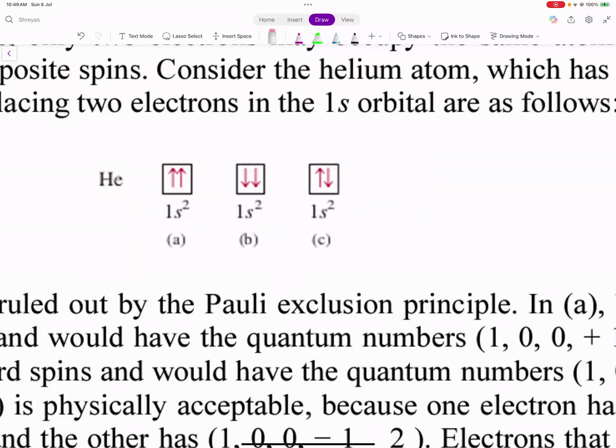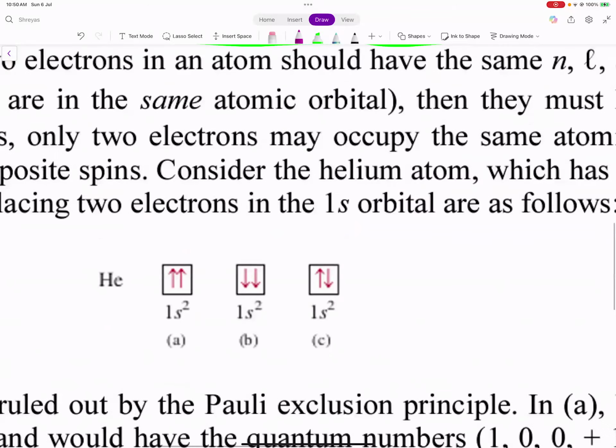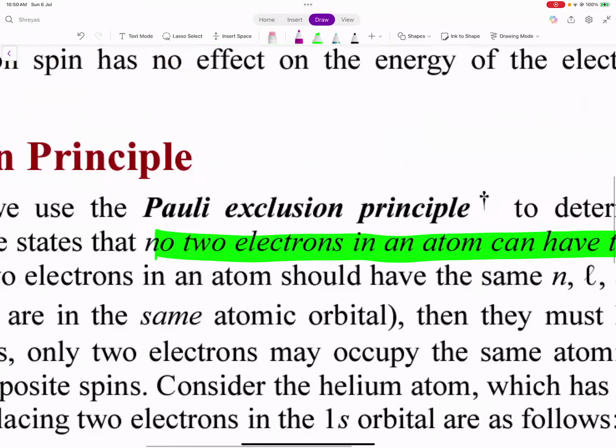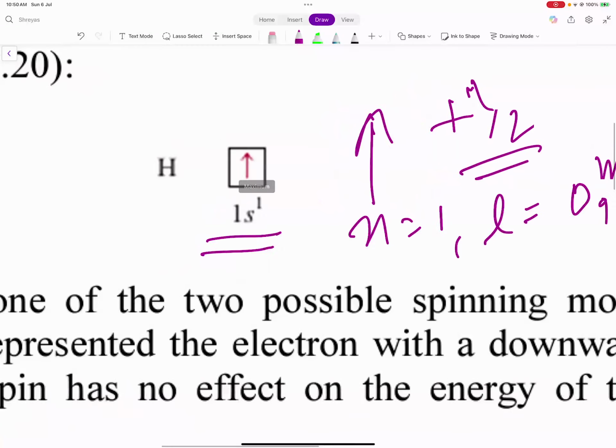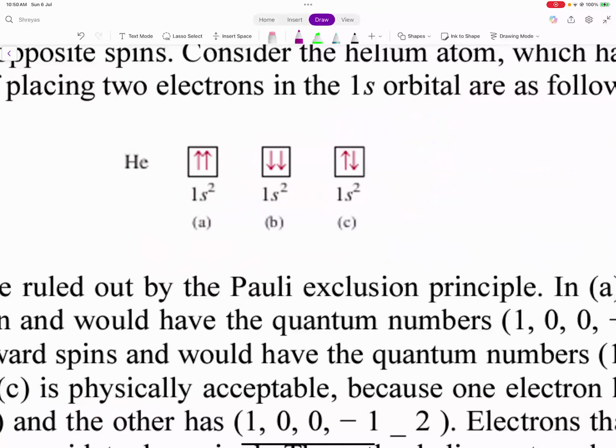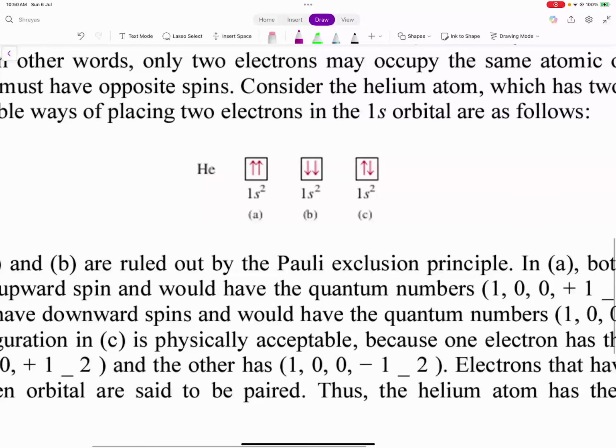So 1s squared: what does the 2 show? The 2 means 2 electrons. It means in the 1s orbital there are 2 electrons, whereas for hydrogen there is 1 electron in the 1s orbital. This is the electronic configuration.